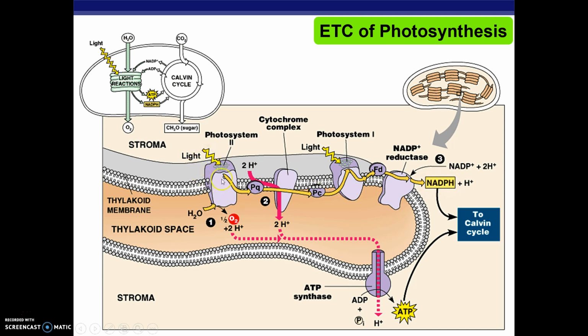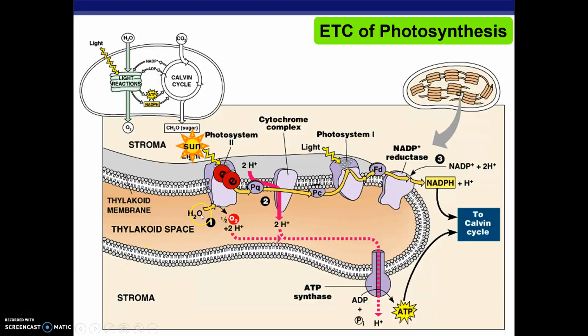So when light shines on photosystem 2, it is capable of splitting the water molecule. Water molecules get split into protons and oxygen atoms, which together form oxygen gas, which diffuses out of the cell and also through the stoma out of the leaf.